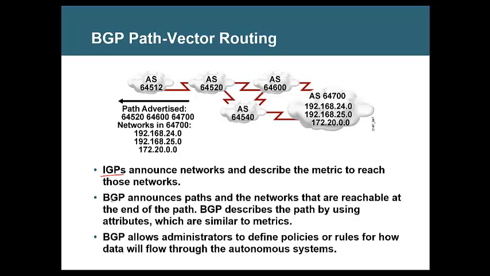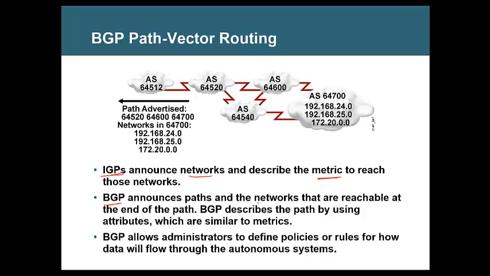So the difference between IGP and BGP: IGP announces the networks that are within this autonomous system, and it announces the network that has less metric, small metric, shortest path.